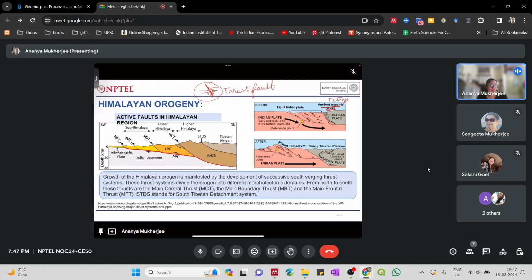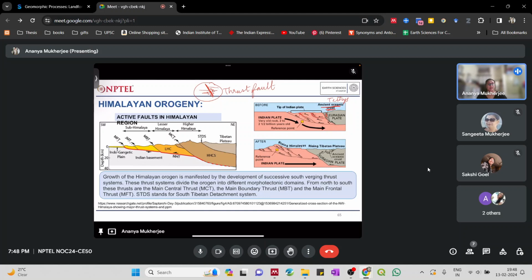So this is the Tethys oceanic crust. When the collision started, discontinuities and fractures formed, and together they started forming bigger, longer faults.